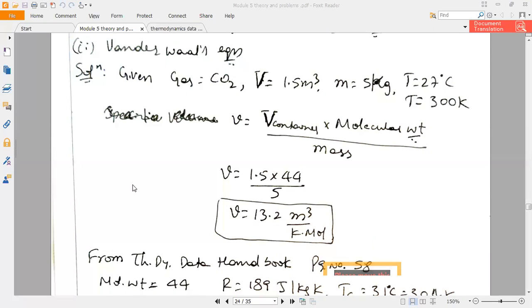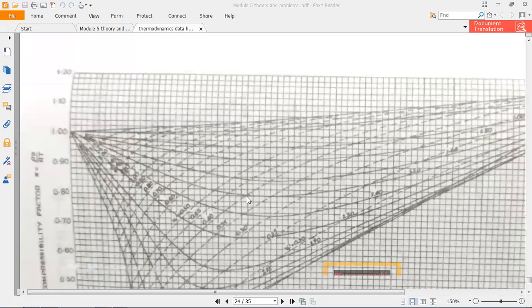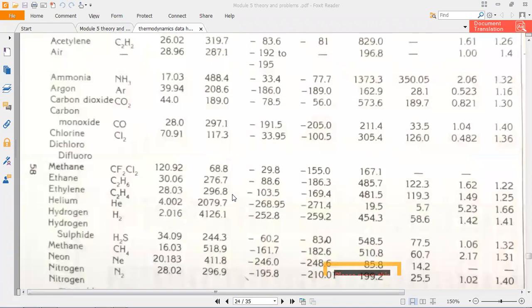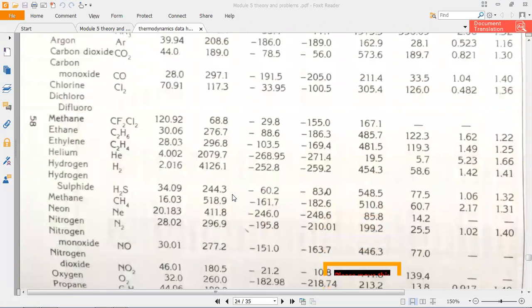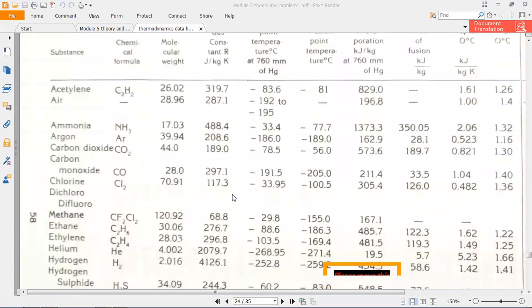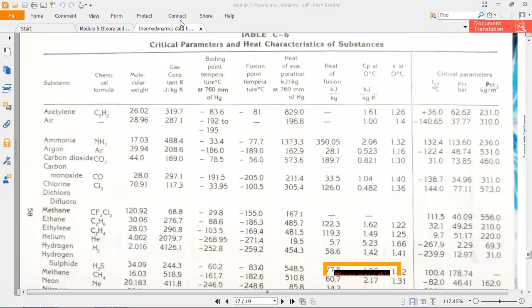Now, from the thermodynamics data handbook, collect the data for carbon dioxide. Carbon dioxide is given here.